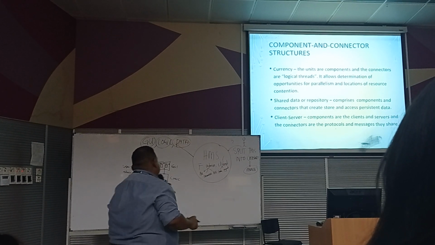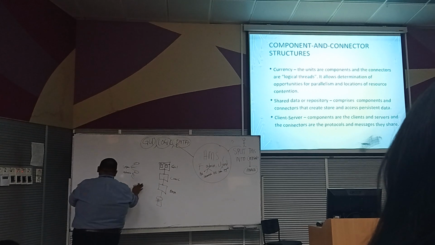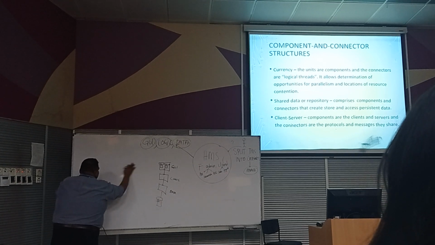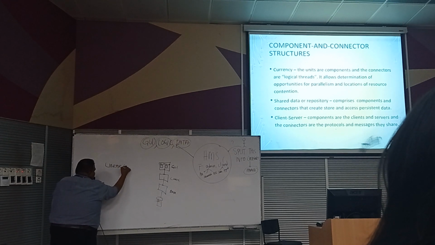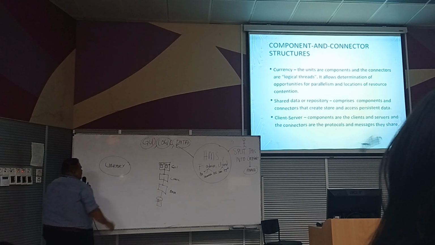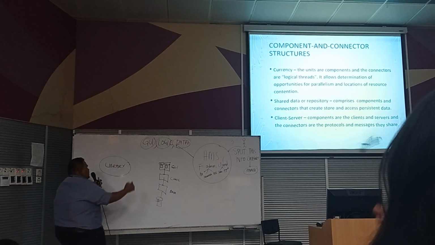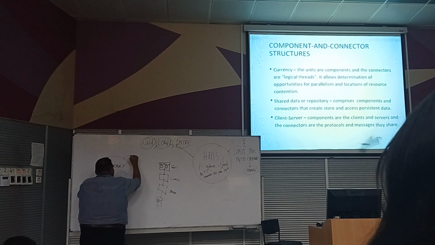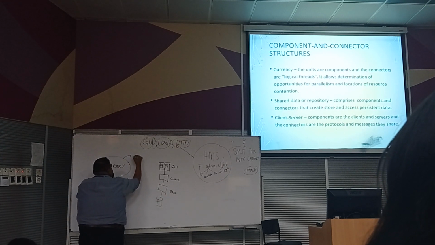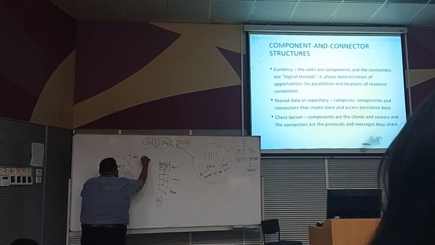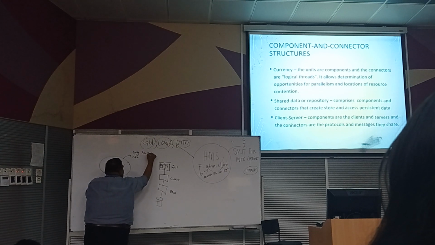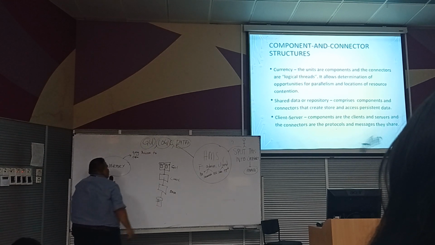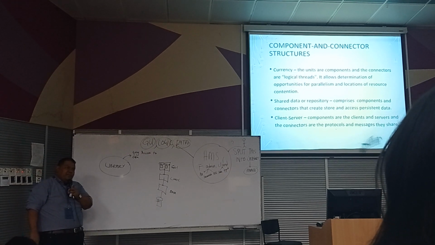Okay, I give you another example. Library system. Let's say I have a library system. My aim is to make sure that data can be accessed easily. Easy access to data, that's my aim, for example.